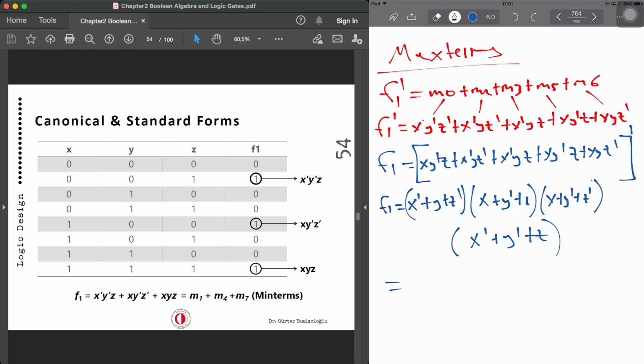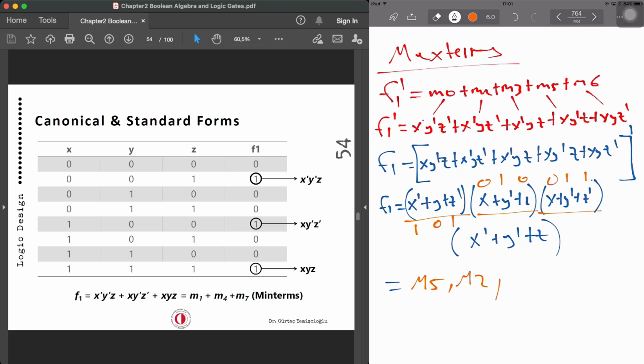So let me take it from here. This is going to be 1, 0, 1, which is m5. This is going to be 0, 1, 0, which is m2.